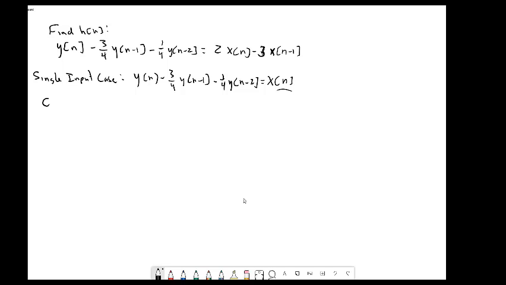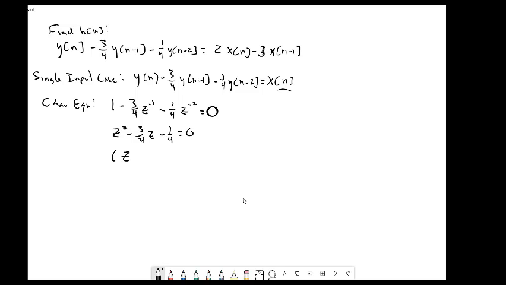So let's get the characteristic equation, which in this case is 1 minus 3/4 z to the minus 1 minus 1/4 z to the minus 2 equals 0, or z squared minus 3/4 z minus 1/4 equals 0.